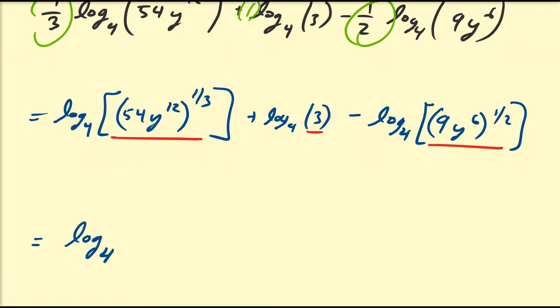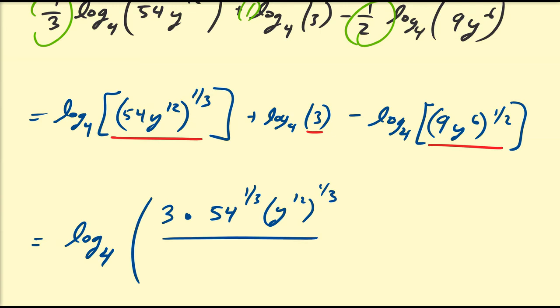So we have the log base 4 of 3 times 54 to the 1/3, y 12th to the 1/3, all over 9 to the 1/2, and then we have y to the 6th to the 1/2, or the square root of y to the 6th.